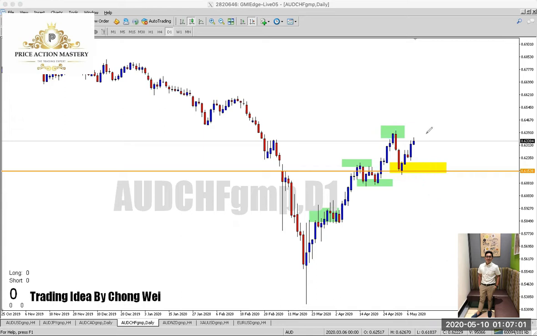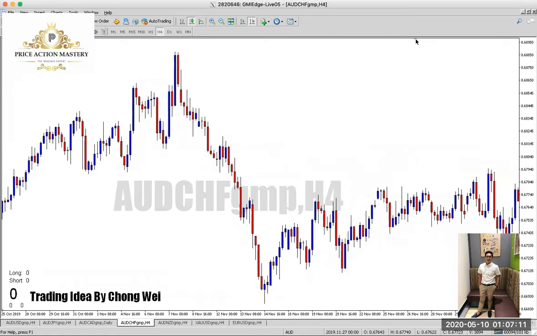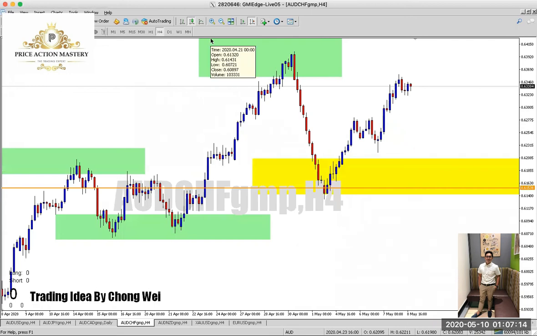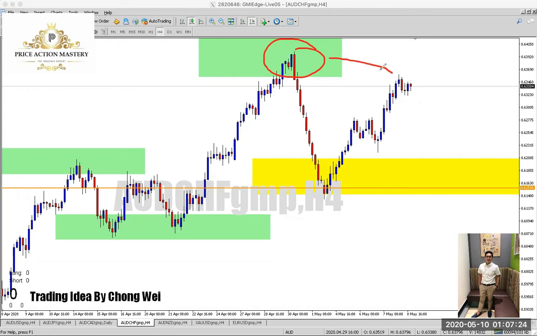The market already reached a potential reversal zone, because I believe they set up, so we look into H4. As you can see, there's a setup here. The market might be giving pressure here to form a new setup and drop.